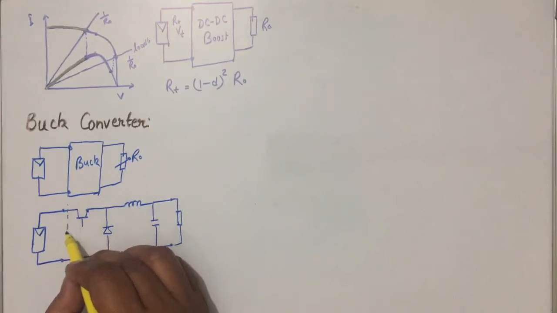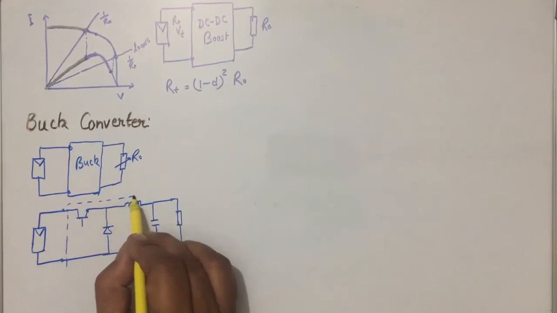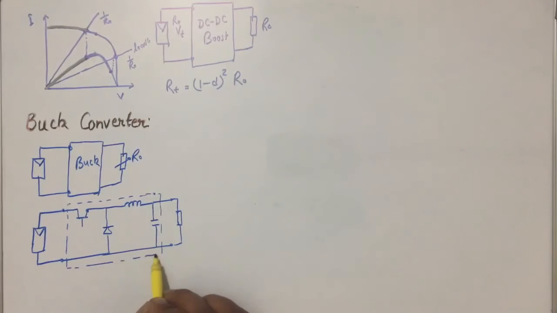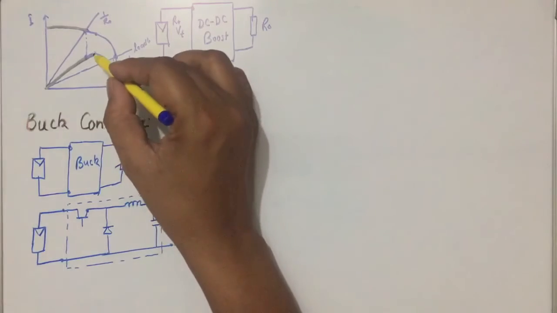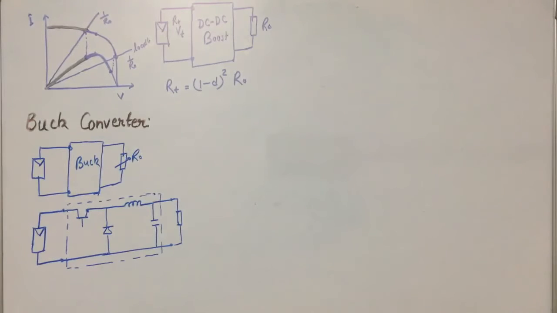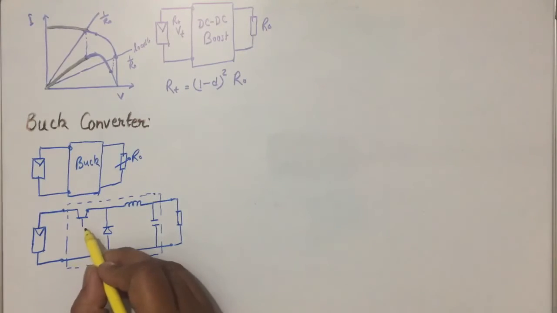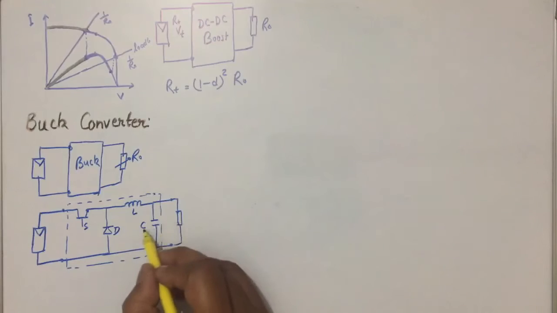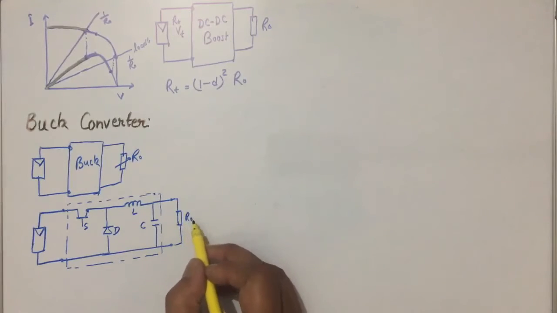This unit is buck converter, which is responsible to control the voltage, to control the operation at this point by controlling the switching operation of the converter. We will see whether this circuit is enough or some modification is required, but we will come to that point later. It is switch, diode, inductor, CL and R0.